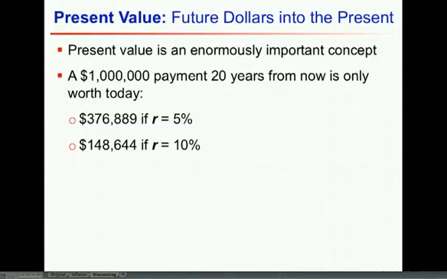If the discount rate is 10%, it's worth less than $150,000. You'd rather have $150,000 today than $1 million 20 years from now. So particularly when you have projects that extend over a long stretch of time, discounting becomes very, very important.